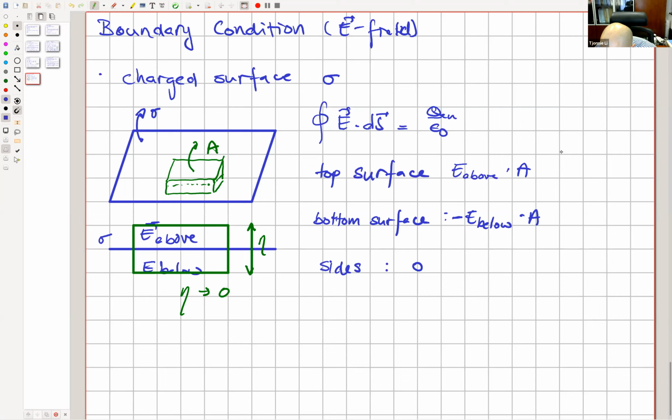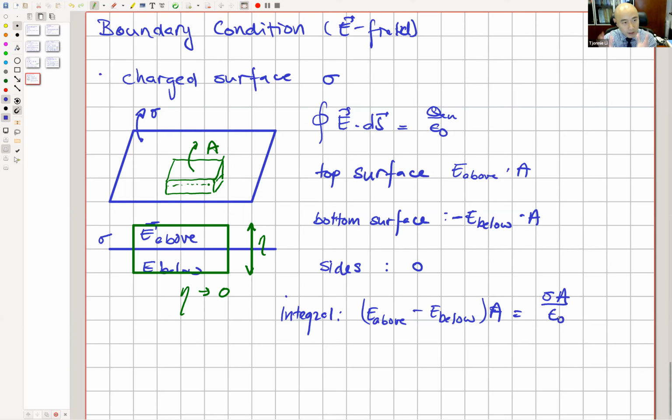So the integral becomes E above minus E below times A equals, and on the right-hand side, we have to look at the total charge enclosed, which we can write as sigma, the charge density, times the area over epsilon naught.